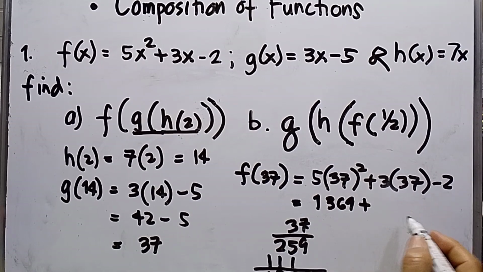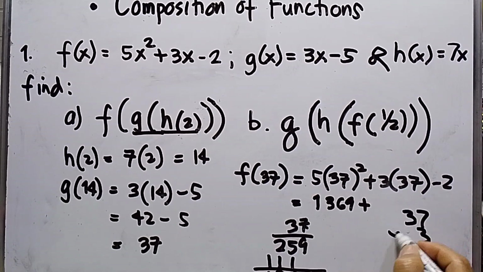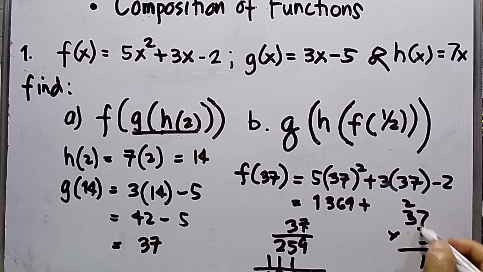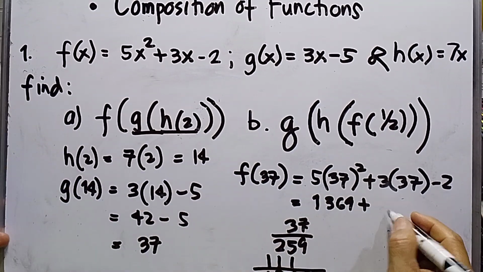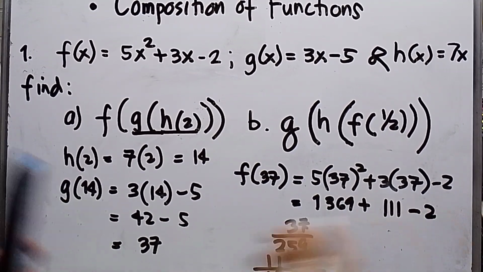So this will be 1369 plus 37 times 3. This will be 21, carry 2, 9, 11. So this will be 111, minus 2.